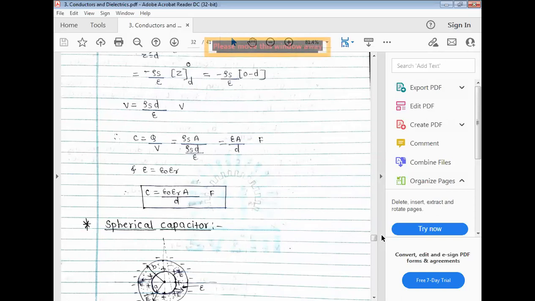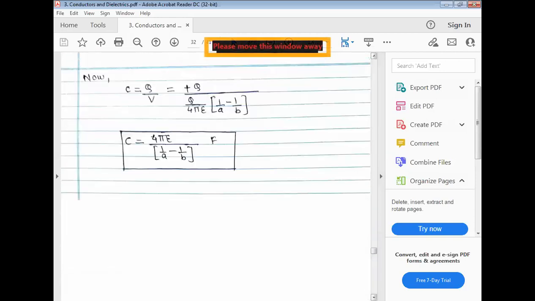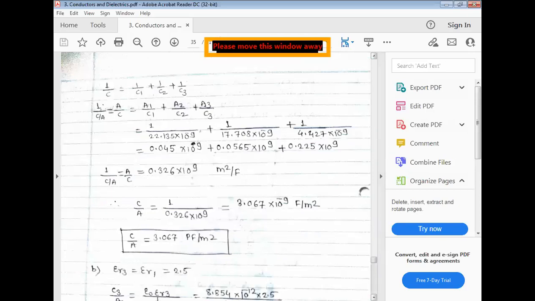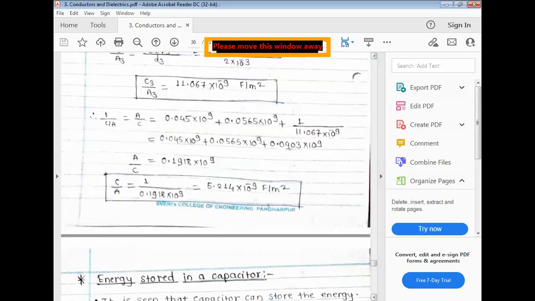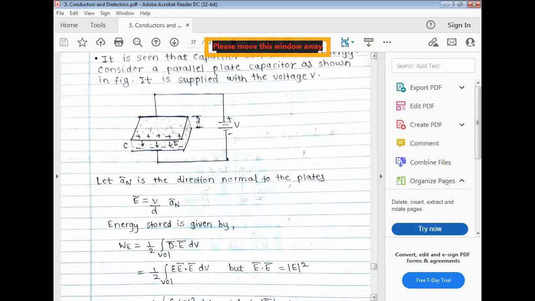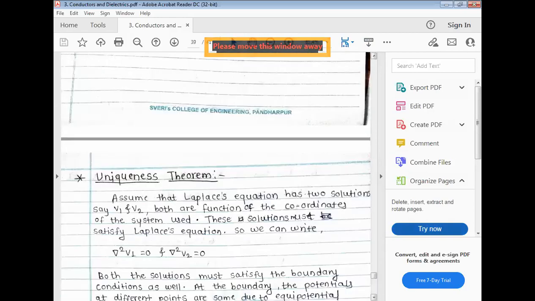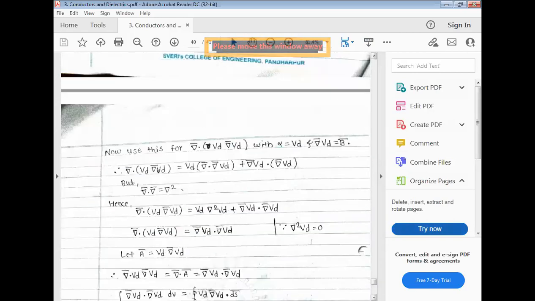Okay. Then we have seen the spherical capacitor. And after spherical, from spherical also they may ask you an example. So any imaginary data can be given. Then we have seen the energy stored, energy density, and lastly the uniqueness theorem we have seen.